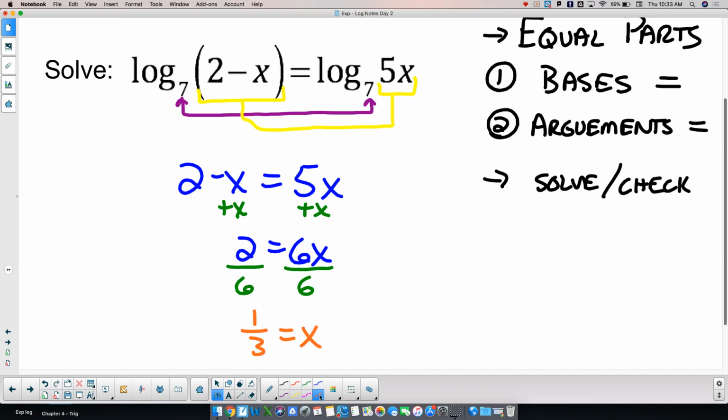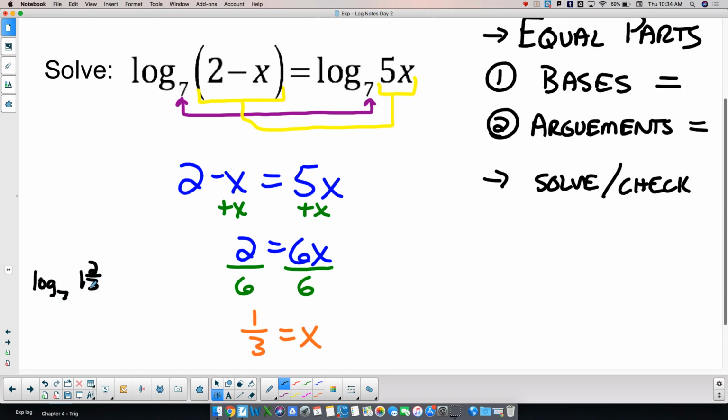If I plug 1/3 back into 2 minus 1/3, that gets me 1 2/3. So I'd have log base 7 of 1 2/3.